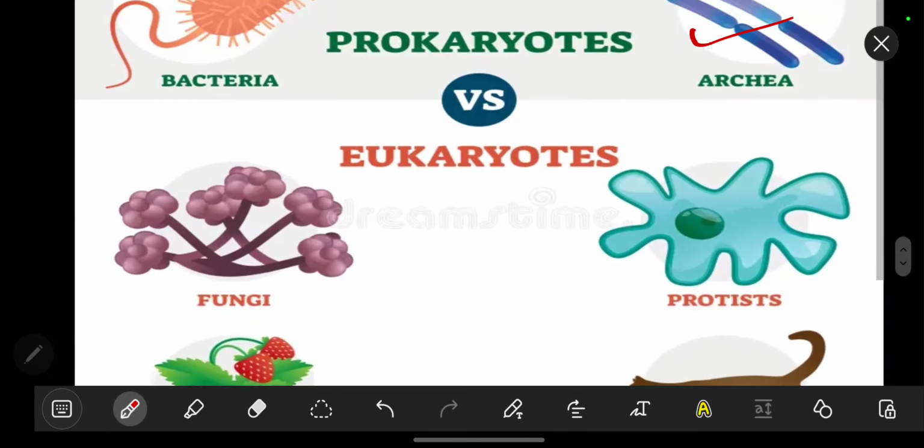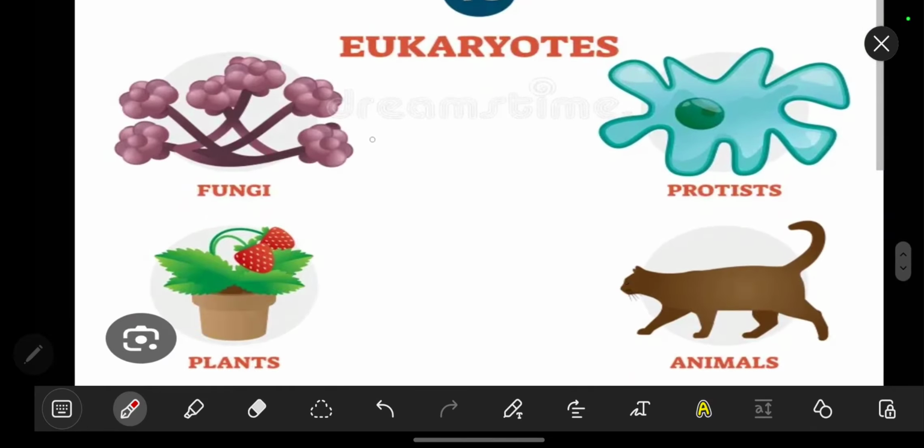Under eukaryotes, we have organisms such as fungi, plants, and animals such as cats, cows, humans. We also have protists. Protists are capable of behaving sometimes like plants, sometimes like animals. This is why they are called mixotrophs. An example of protists is euglena.